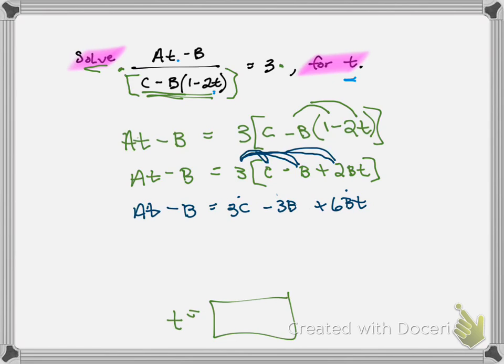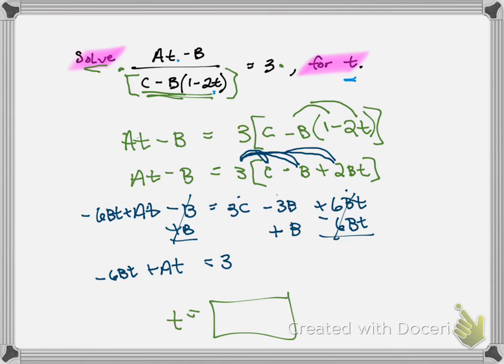Again, we're solving for t, so I'll subtract 6bt because that term has a t in it. That's 0. I'll add b, get that out of there because that does not have a t in it. And so on the left, we now have negative 6bt plus at is equal to 3c minus 2b.